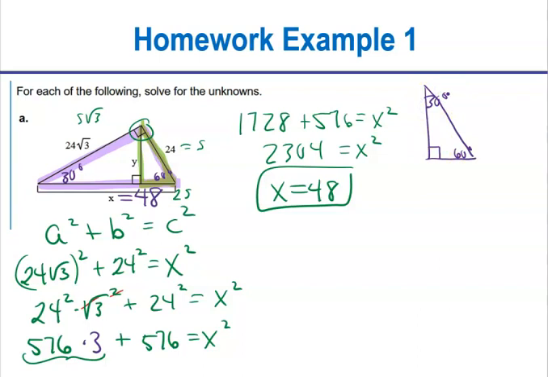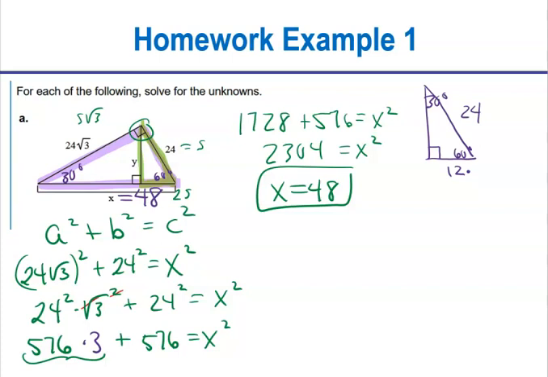Now, if this is 24, remember how your hypotenuse relates to your 30-degree side? If you go back and look at the picture over here, the hypotenuse was 48 and our 30-degree side over here was half of that. So this is going to be 12, right?